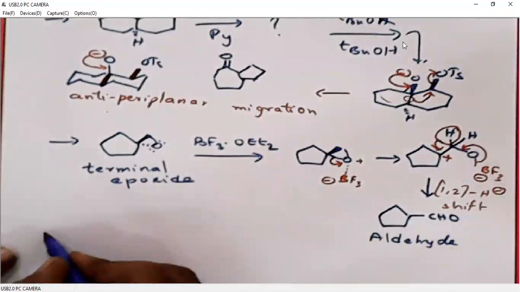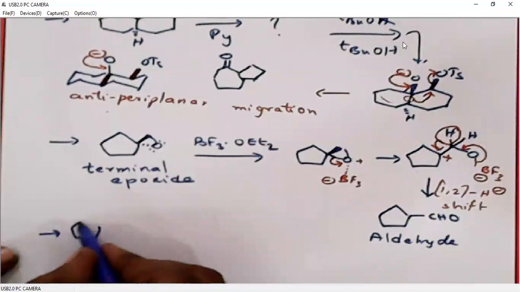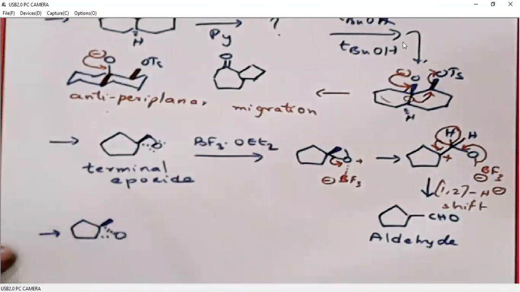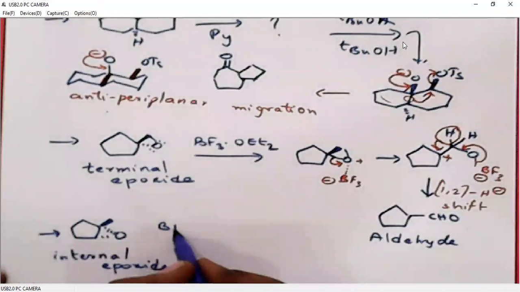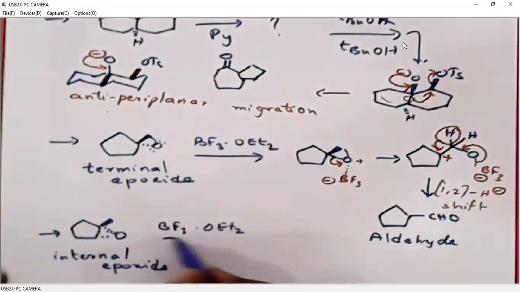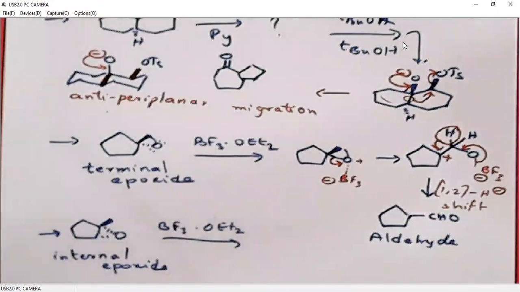But when we take an internal epoxide, say for example, this fellow, it is an internal epoxide. When we do semi-pinacol-pinacolone rearrangement on an internal epoxide, the product will be a ketone.